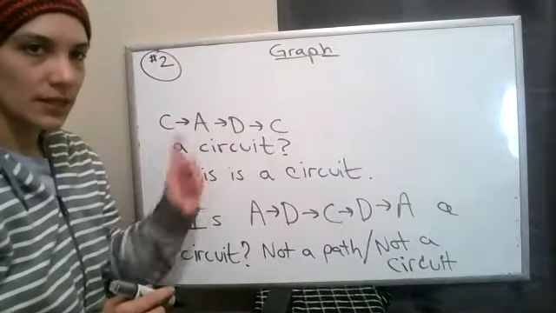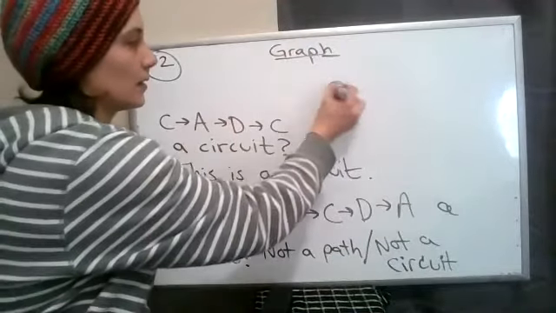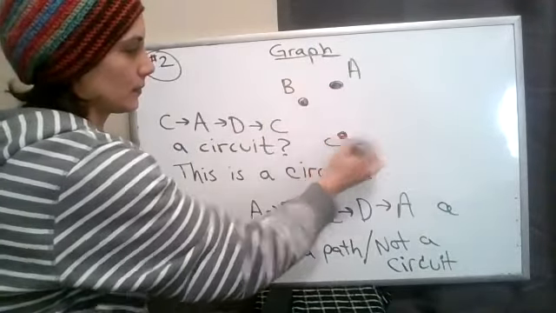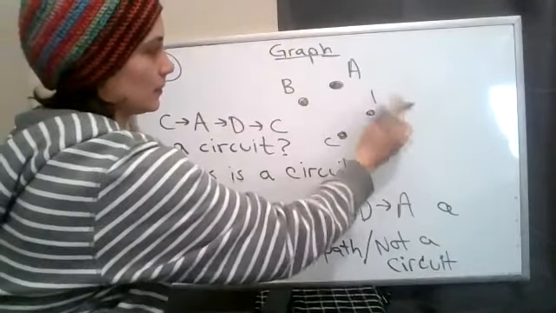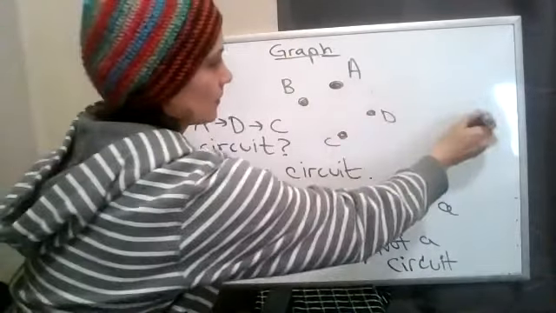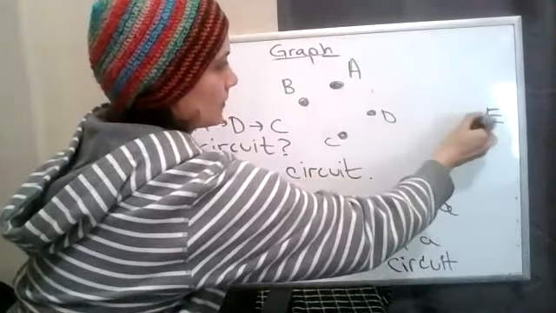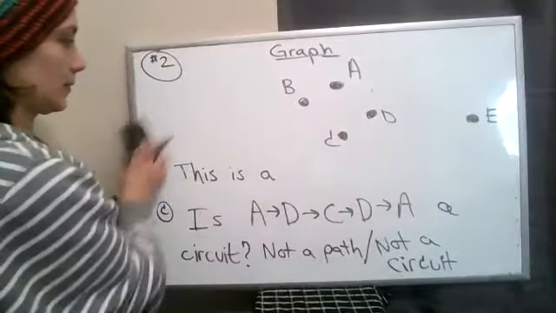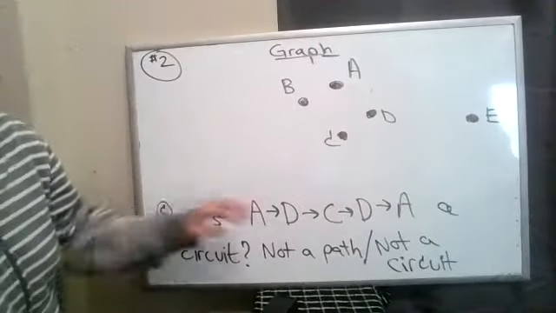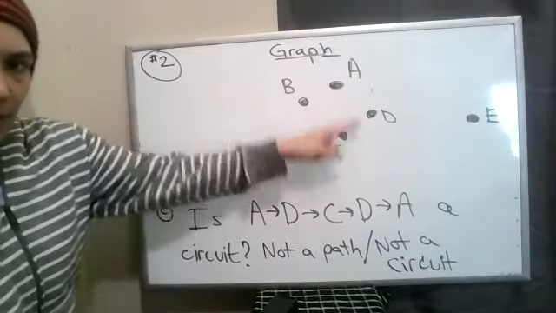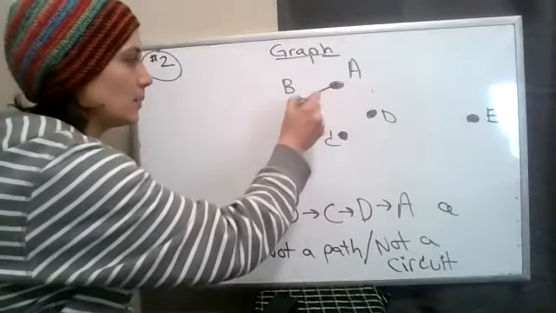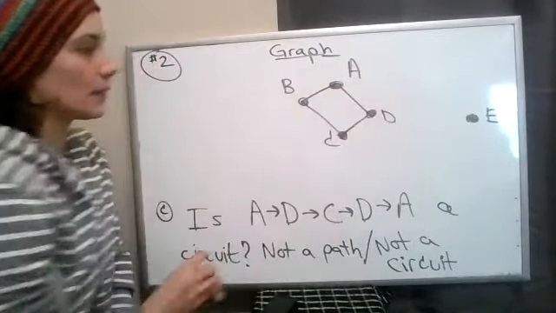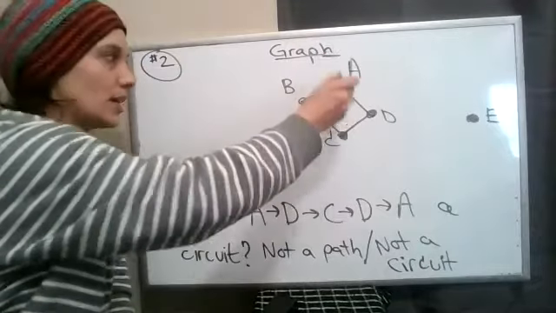Okay, A, B, C, D, E. We'll have a diamond right here, like A to B, B to C, C to D, back to A. Then we'll connect A to C, straight down the middle.